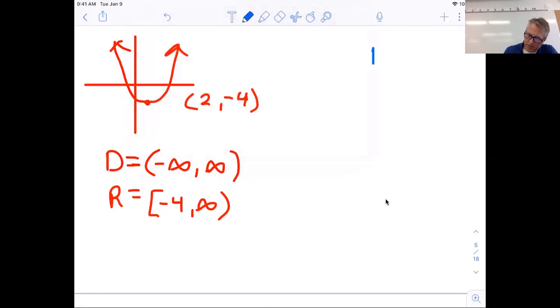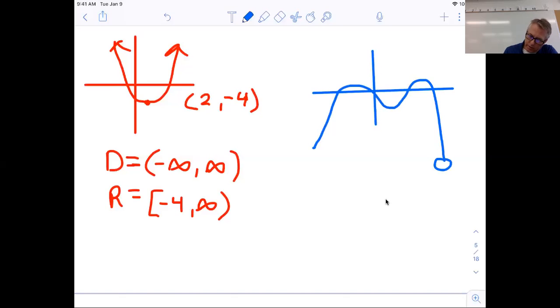All right, well, let me give you another one then. Let's say we had a graph that was kind of a crazy looking graph. So it starts down here, goes down, goes up, comes back down, and I'm going to give a couple of coordinates here.